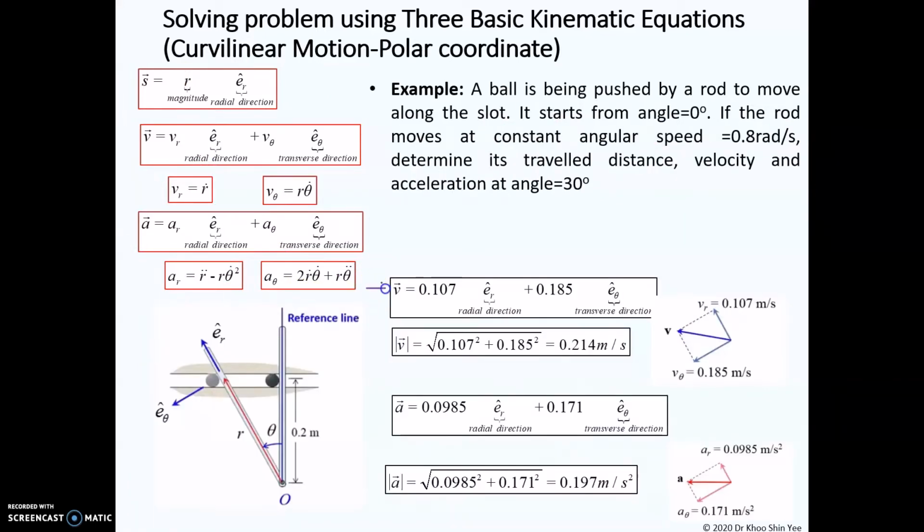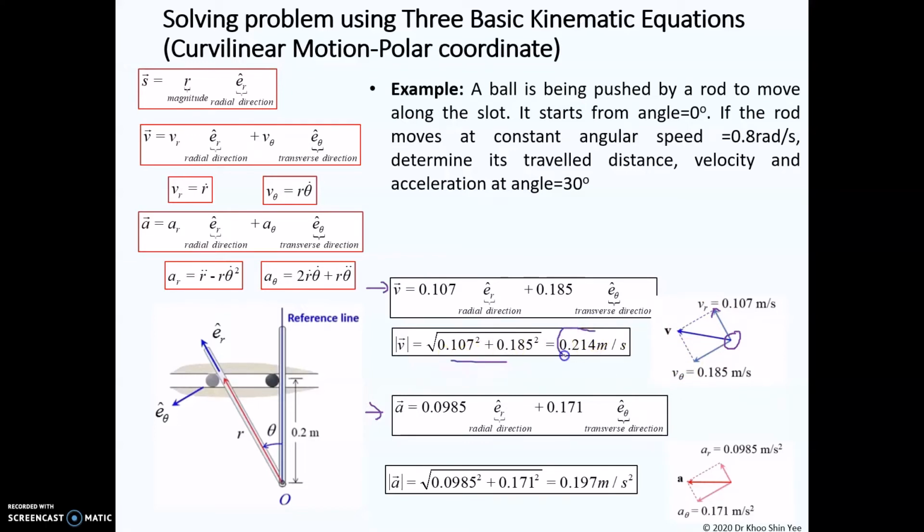So if you substitute all the values that you obtained for the velocity and acceleration, then you can plot the velocity diagram and acceleration diagram here. So in the radial direction, you have the ball here. The resultant velocity can be obtained from the radial direction and transverse direction by using this formula.